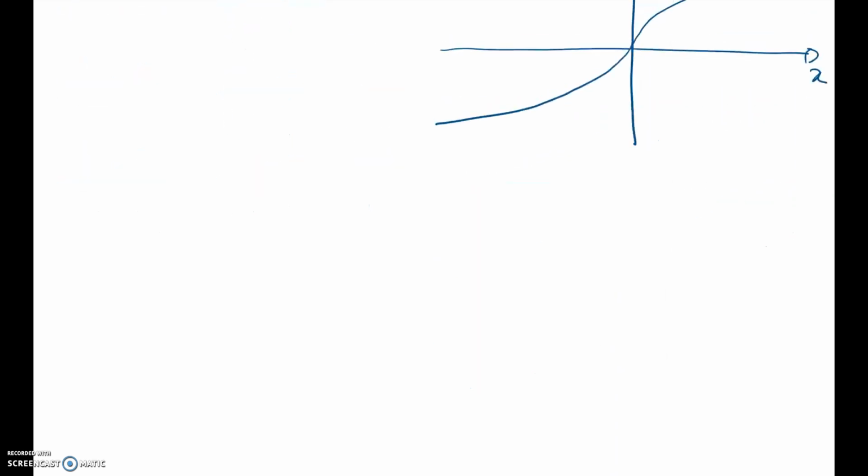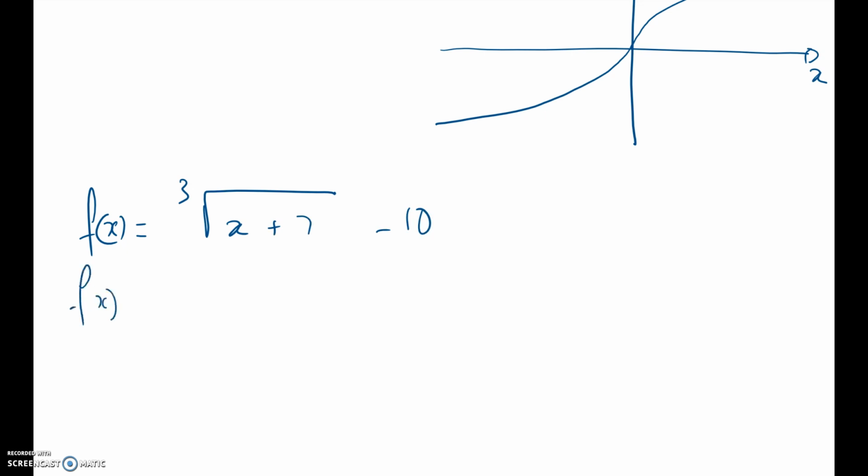You have f of x equal the cubic root of x plus 7 minus 10. So you must see that basically as f of x equal another function of x minus 10, with this g of x being equal to cubic root of x plus 7.